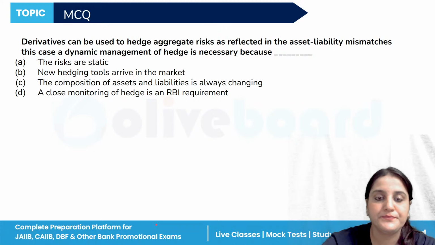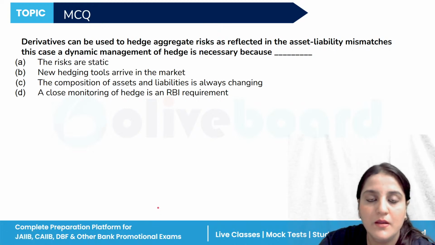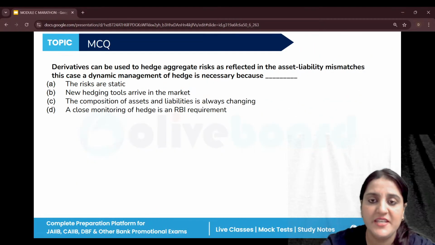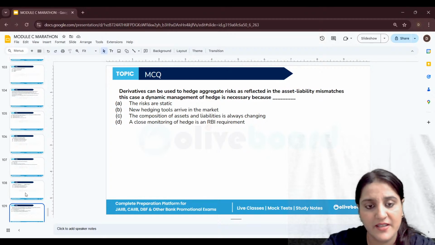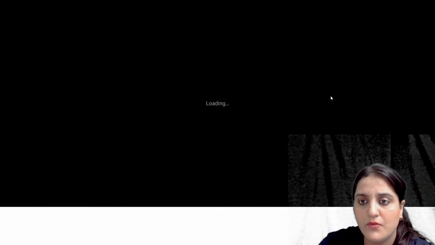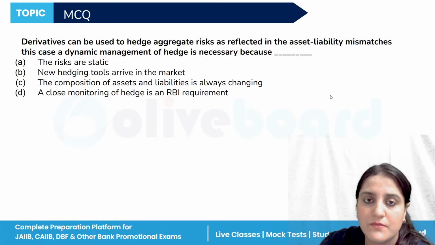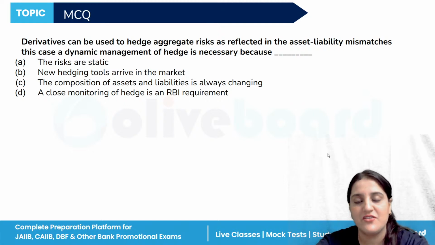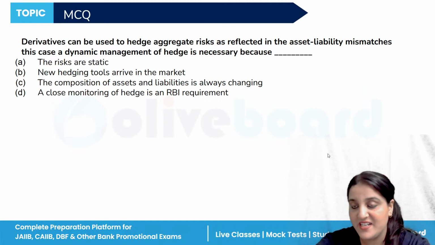Now, derivatives can hedge aggregate risk as reflected in the asset liability mismatches.